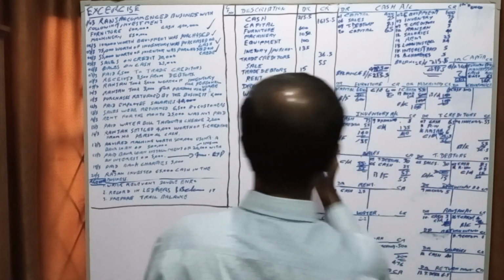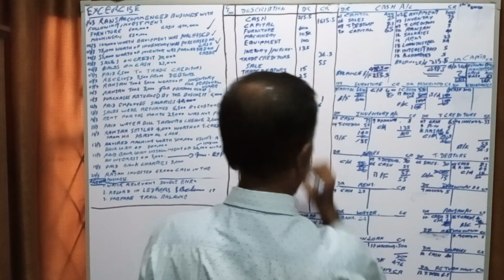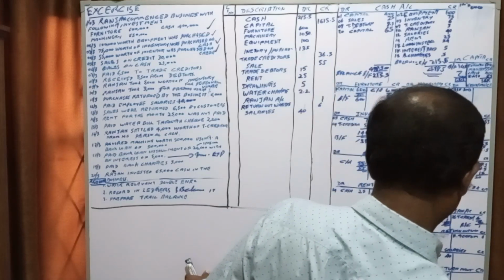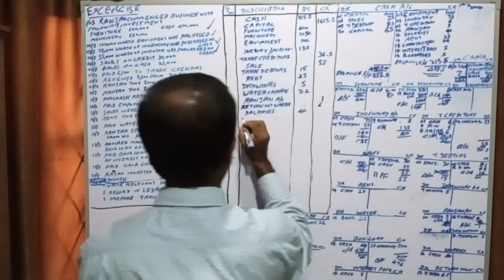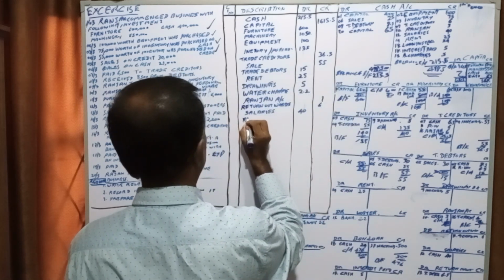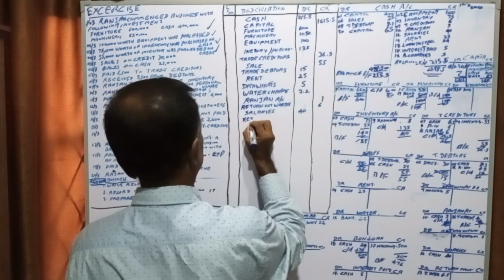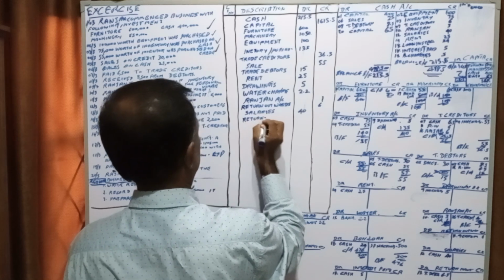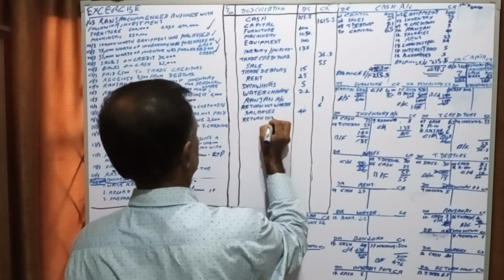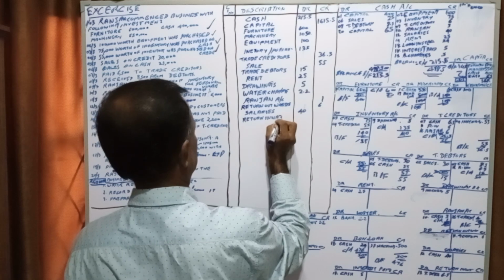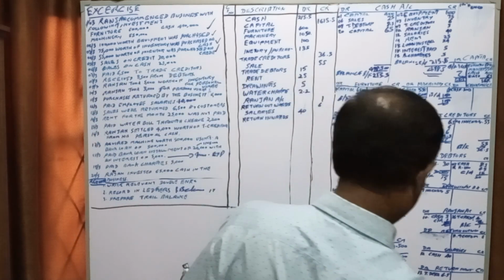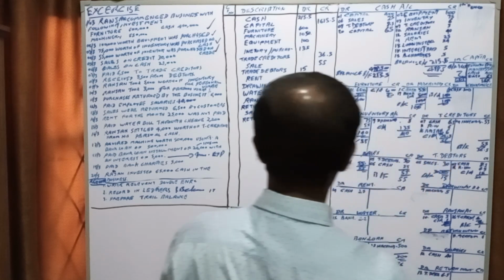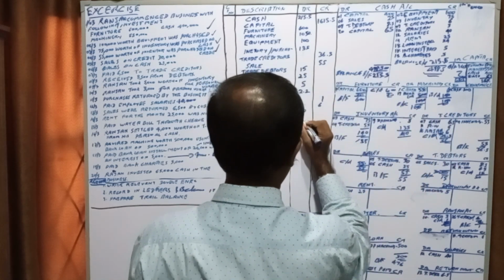Salaries debit 40,000. And return inwards, 6,500 debit.